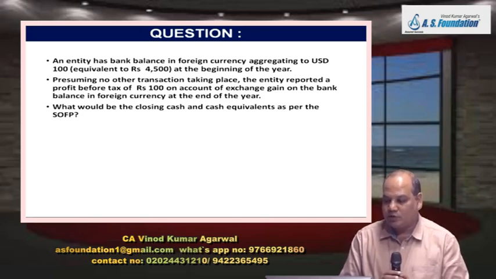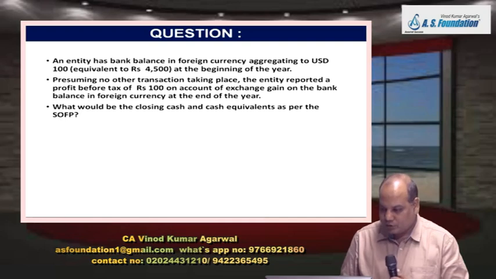Presuming no other transaction taking place, the entity reported a profit before tax of rupees 100 on account of exchange gain on the bank balance in foreign currency at the end of the year. What would be the closing cash and cash equivalent as per SOFP?